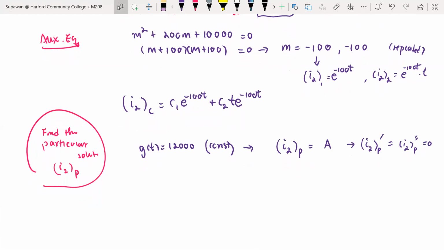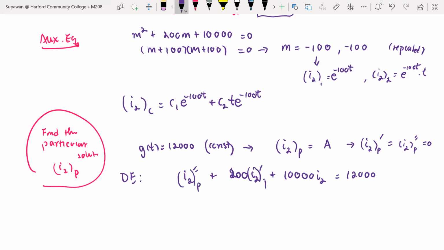And next, we're going to replace I2p equals A and its derivatives into the differential equation, which is I2 double prime plus 200 I2 prime plus 10,000 I2 equals 12,000, sorry, and this is for the particular solution. So add more subscript there.